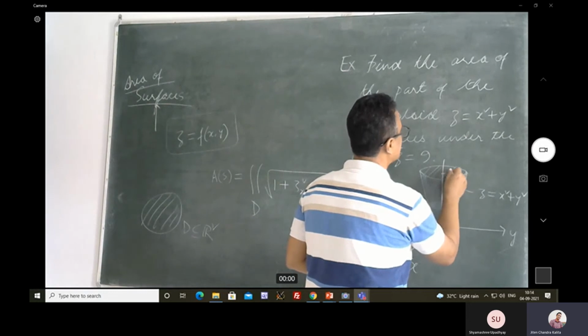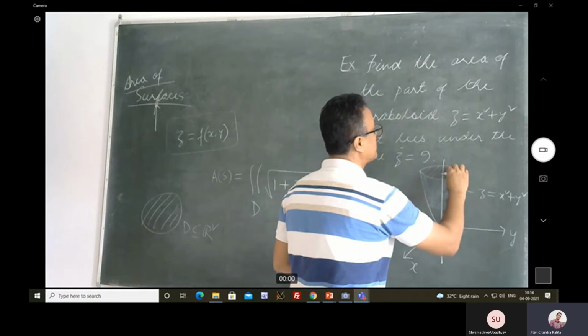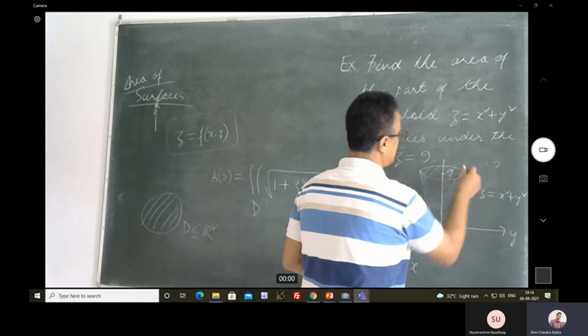So suppose this is 9, we simply find whatever lies below this plane.